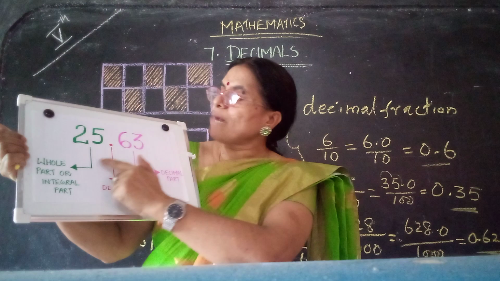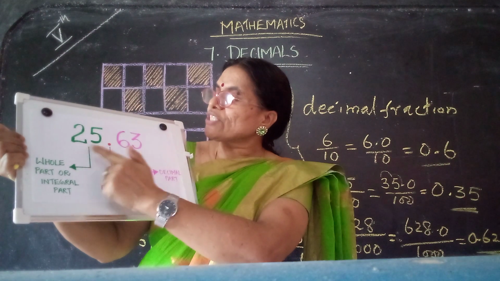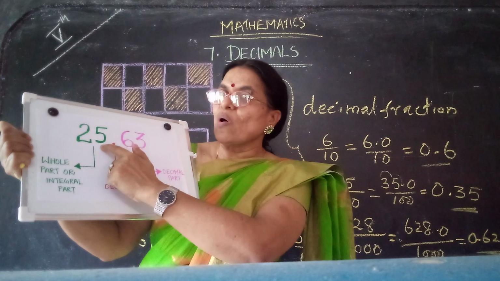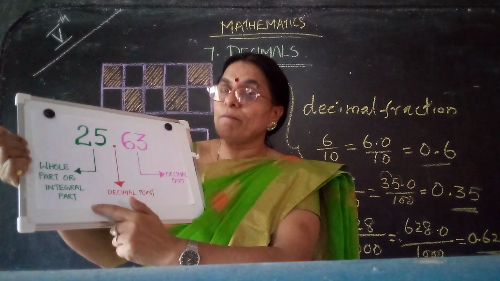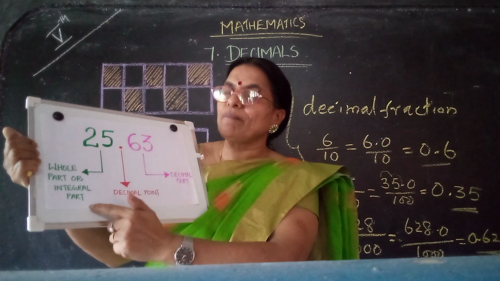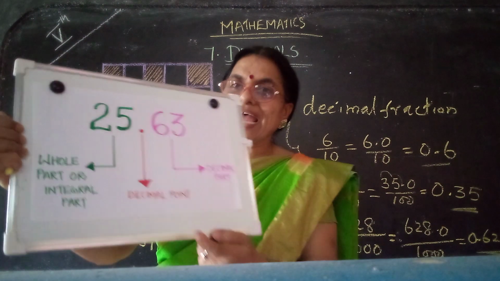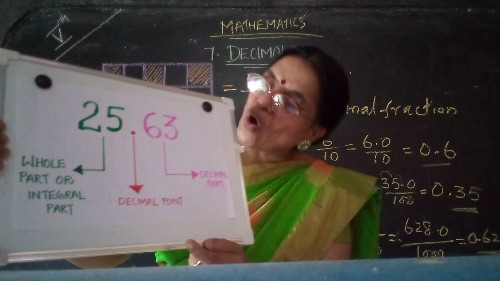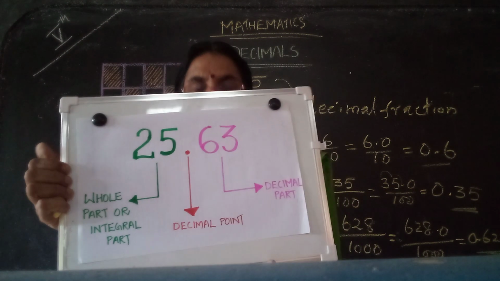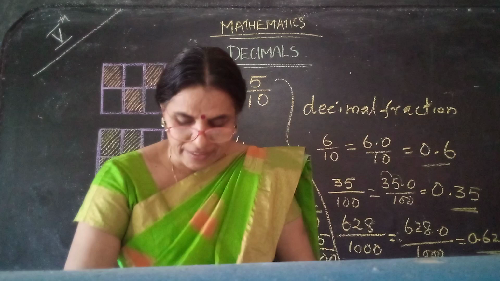Then the number which is on the left side of the decimal point is called whole number or integral part. We can read it as 25.63. Clear children? Yes.